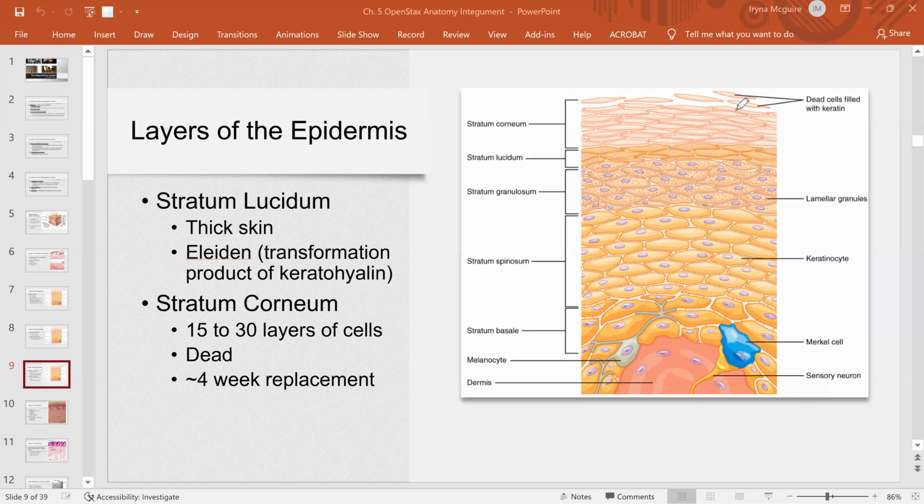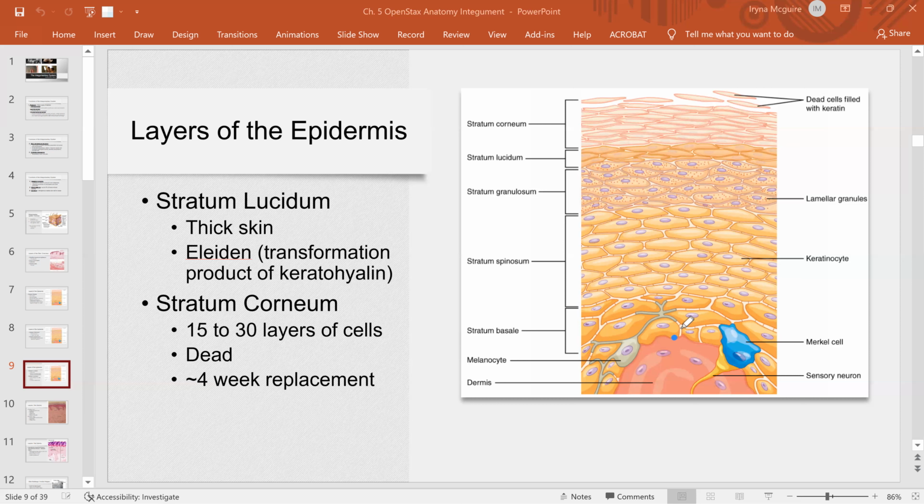So those cells in the stratum basale divide. If you imagine that this cell will divide, right? So the cell divides and cells move up. So your older cells are close to the surface and your newer cells are close to the dermis. It takes about 4 weeks to replace those dead cells.